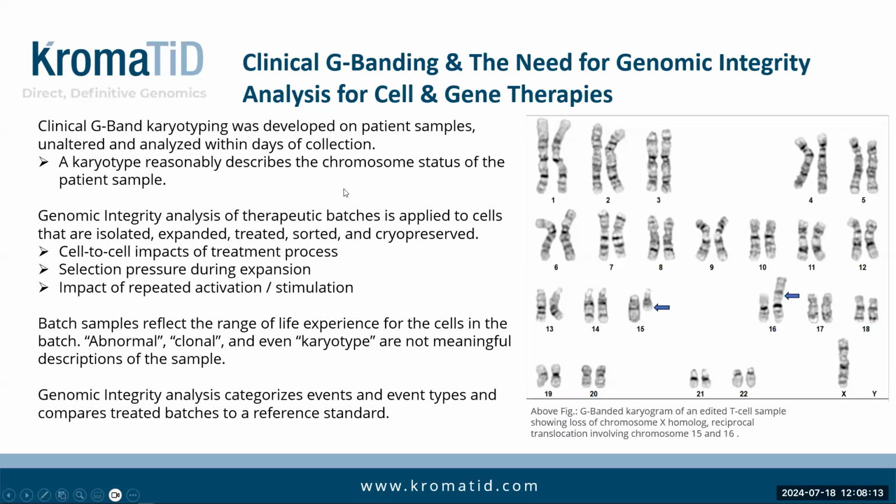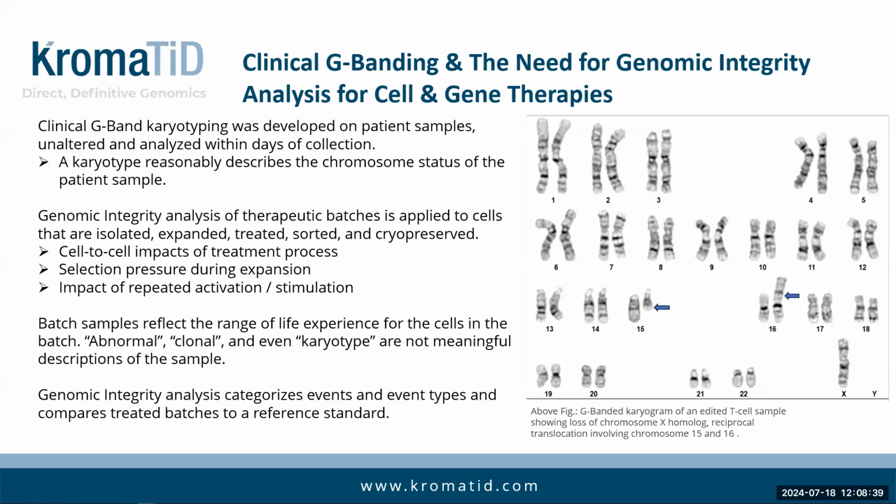So each cell within that sample actually has its own sort of life experience: different cell-to-cell impacts of the treatment process, selection pressure during expansion, impact of repeated activation, stimulation. So the way clinical cytogenetics reports abnormalities is based solely on the presence of a clonal activity in a given sample.